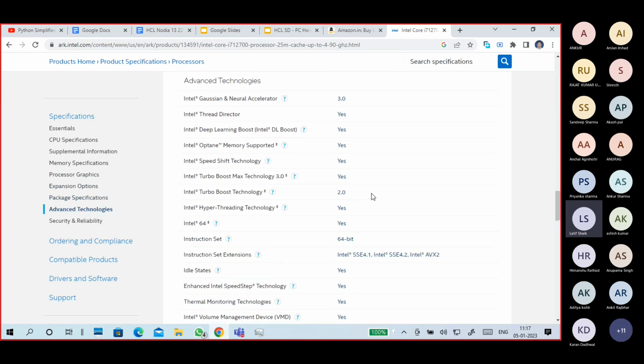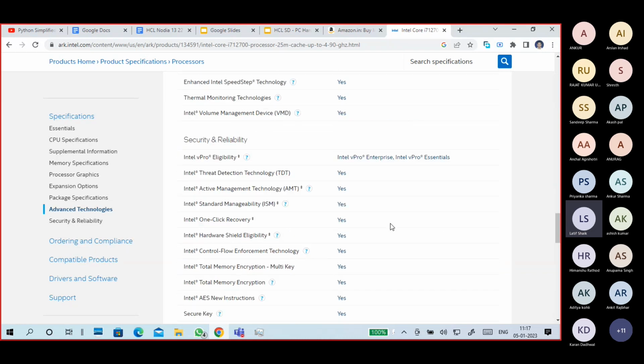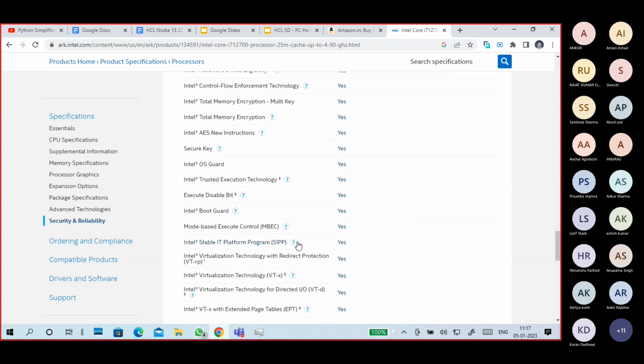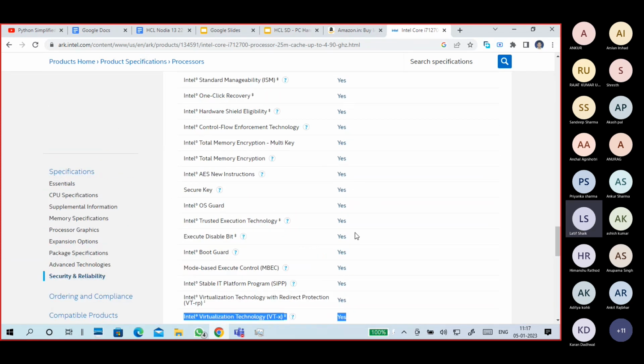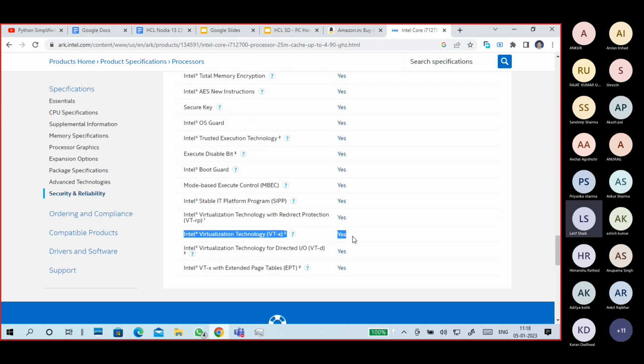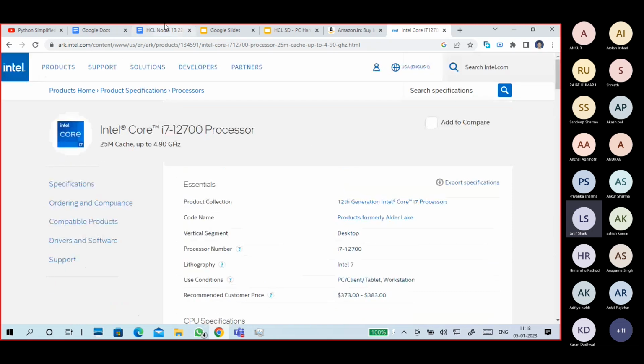I need one more detail, that is called virtualization technology. The instruction set is 64-bit. Okay, virtualization technology is enabled. Of course, a lot of things are enabled inside. So what we need is virtualization technology. Like that, guys, we have to gather information.